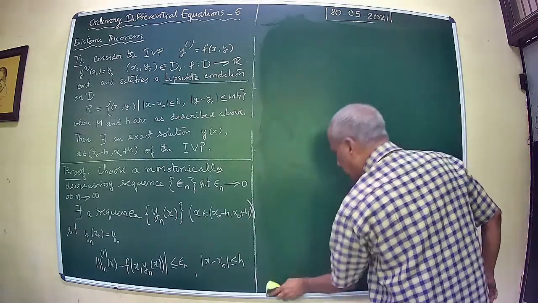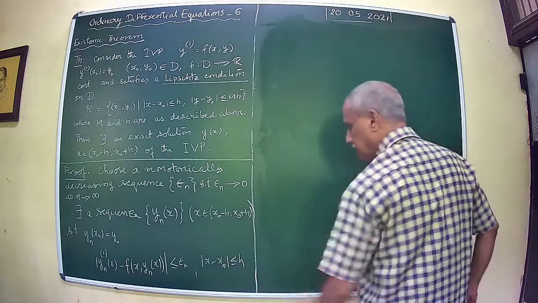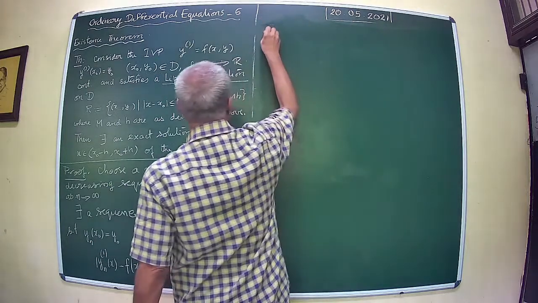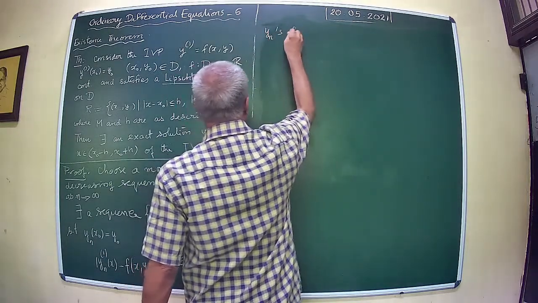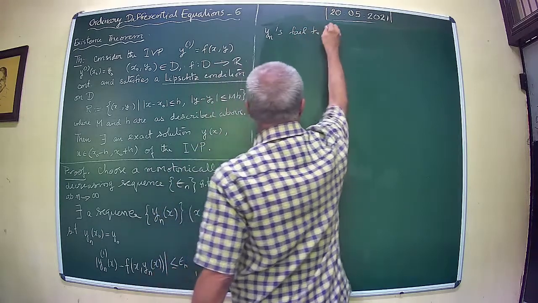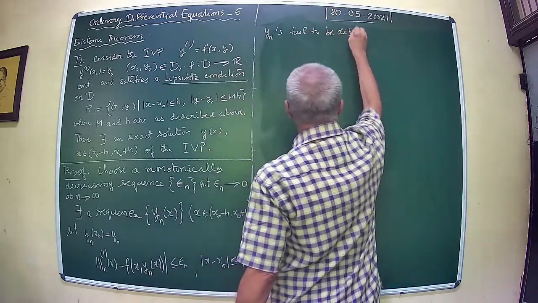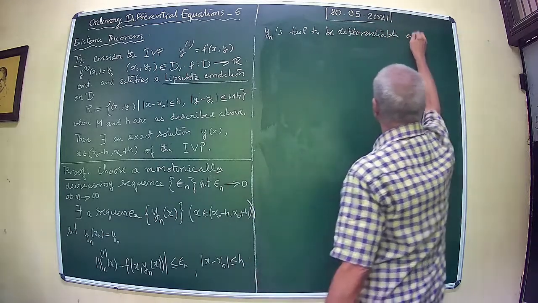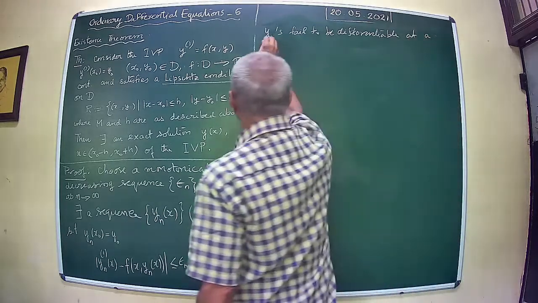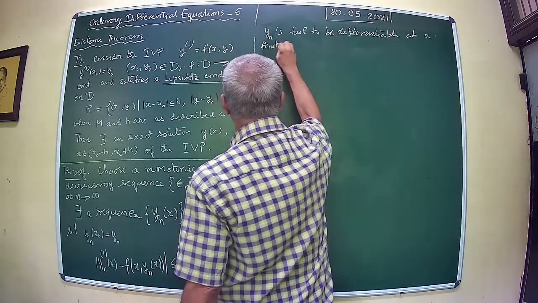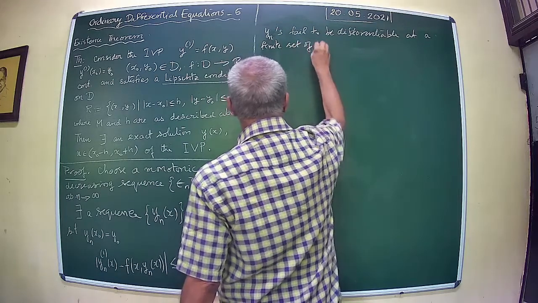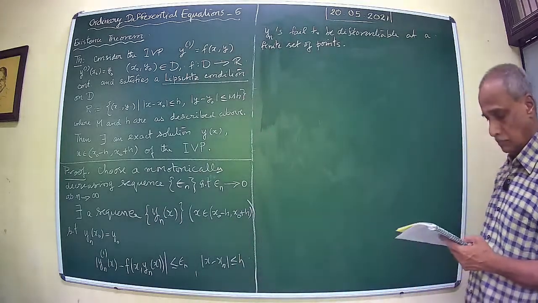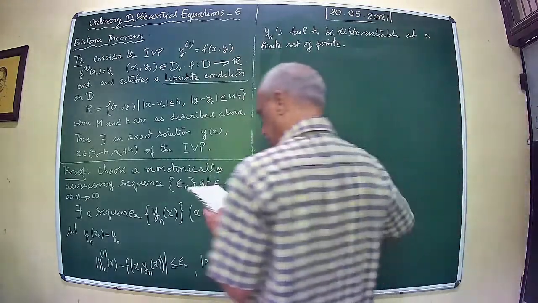That is why you call it an approximate solution of the equation. Now we start building up our argument.